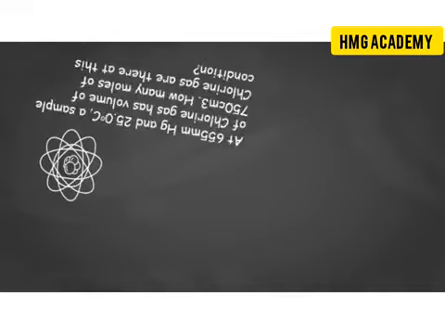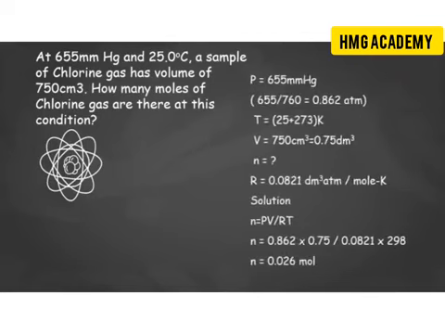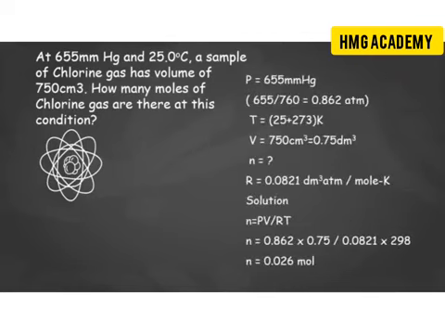Now, let's take a look at the solution. Pressure is 655 mm mercury. Temperature is 25 degrees Celsius, which of course we're going to convert to Kelvin. The volume is 750 cm cubed, which we convert to dm cubed. It now becomes 0.75 dm cubed.